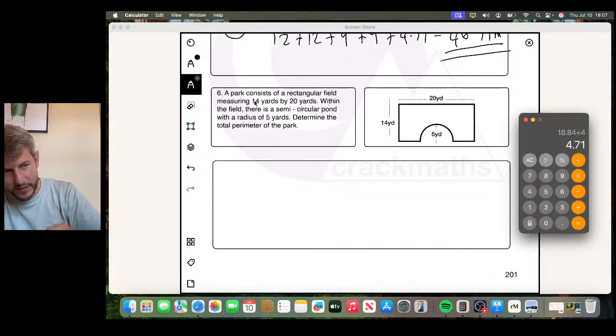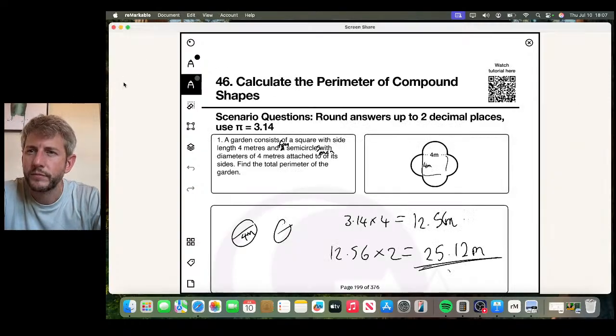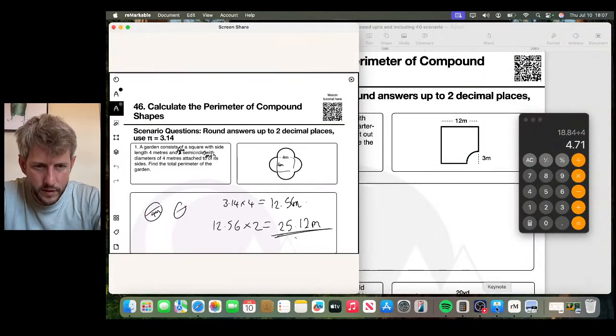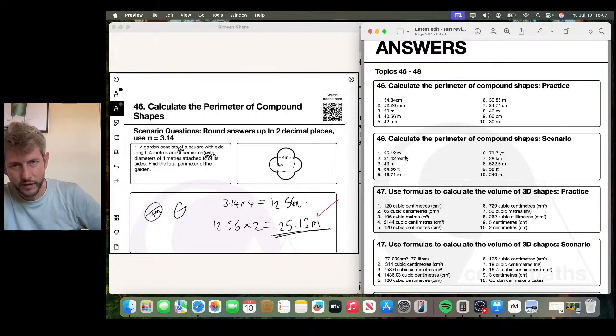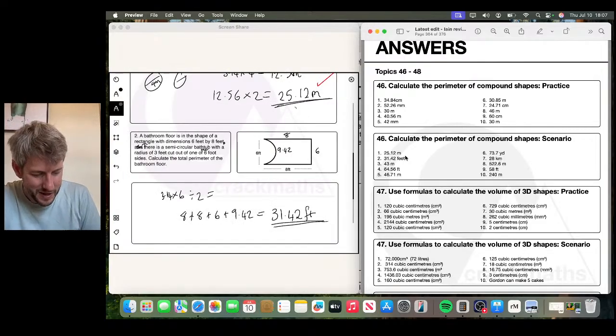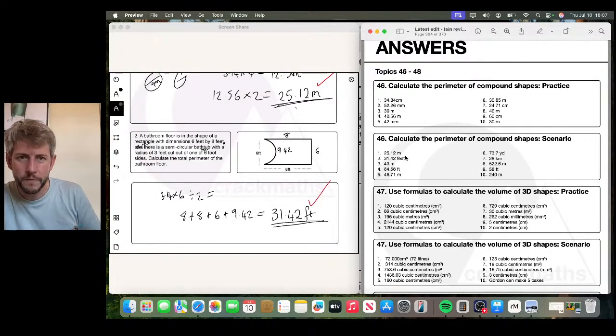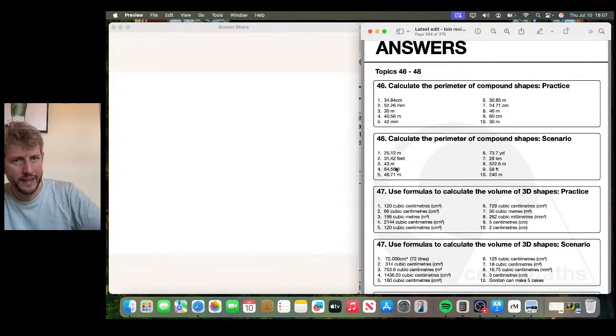Right, let's try question 6. First, let's get these marked. We've done 1 to 5. So here we go. 25.12, brilliant. The wording might not be right, but the answers are matching up, so that's good. 31.42 is good as well. 43 matches too.